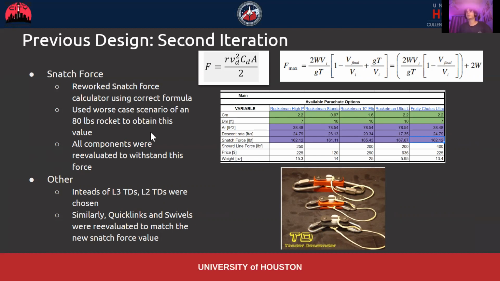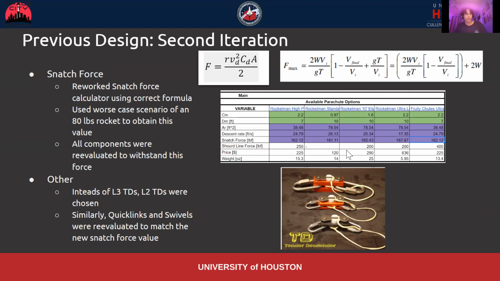And what we did was, instead of taking the predicted weight of Zenith, we used a worst case scenario, because the higher your weight is, the higher your snatch force. So that's what we did. And that's why we have a range of what the snatch force could be.